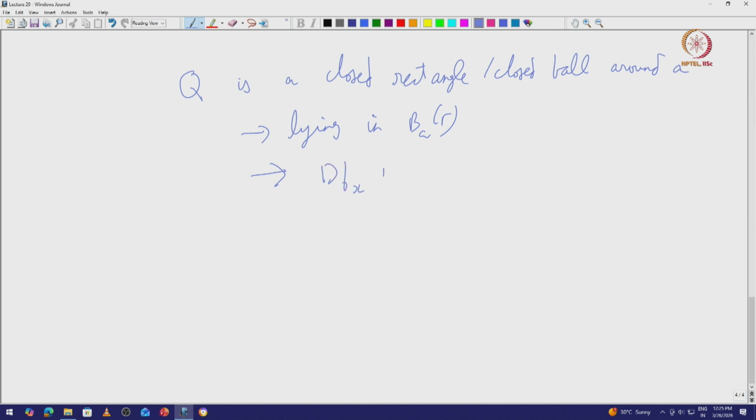Df is invertible when x is in Q, and you can also, for good measure, impose this. But this is not rocket science, right? Because of course B_A(R) was chosen so that the derivative was invertible on the closure of this ball, and it satisfied this.